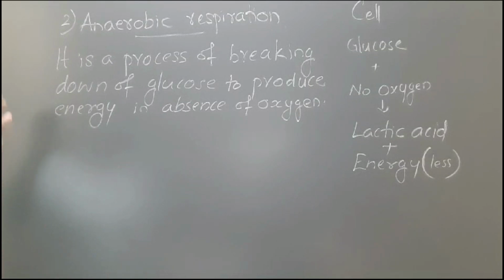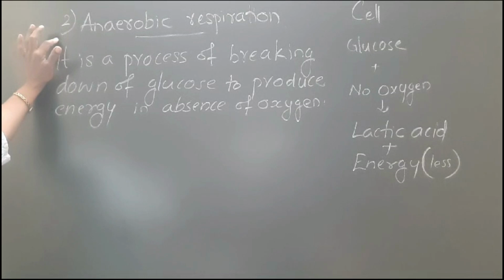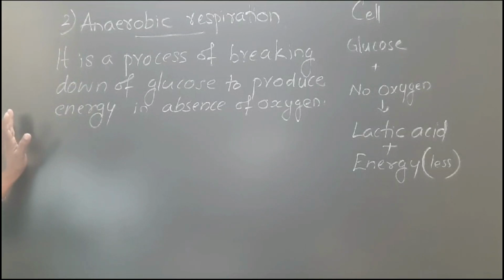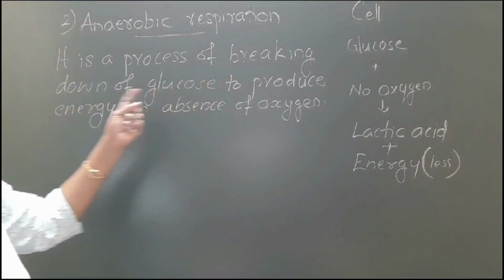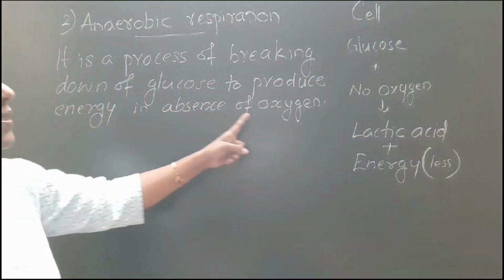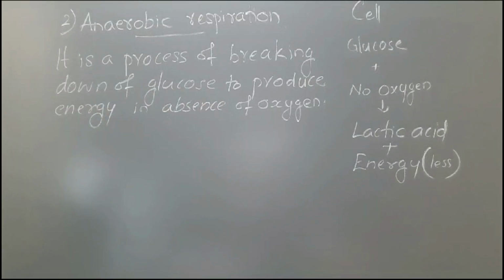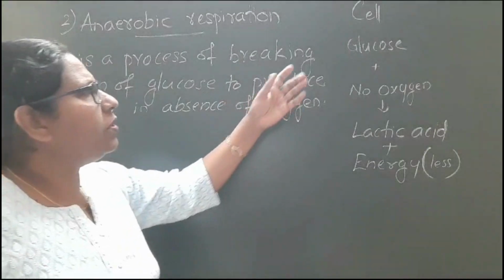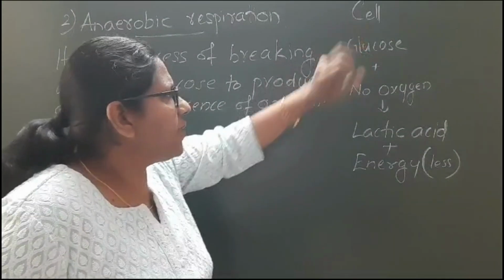Now the second one is anaerobic respiration. We learned aerobic respiration already. What is anaerobic respiration? It is a process of breaking down glucose to produce energy in the absence of oxygen. After digestion of food, the glucose is already there in the cell.